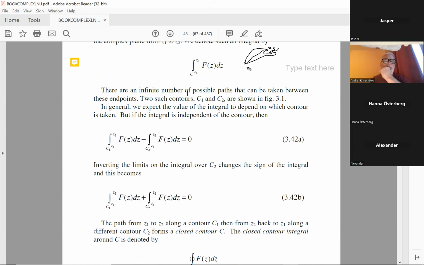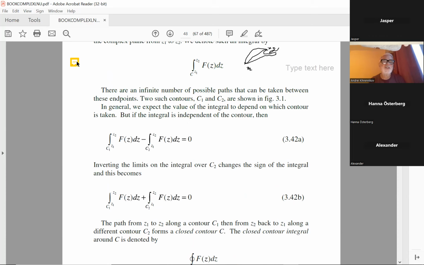So we go back here. Infinite number of possible paths. In general, that is of course correct. We can expect such an integral to depend on which path we take. For example, we go along this trajectory from this point to this, or along this trajectory.